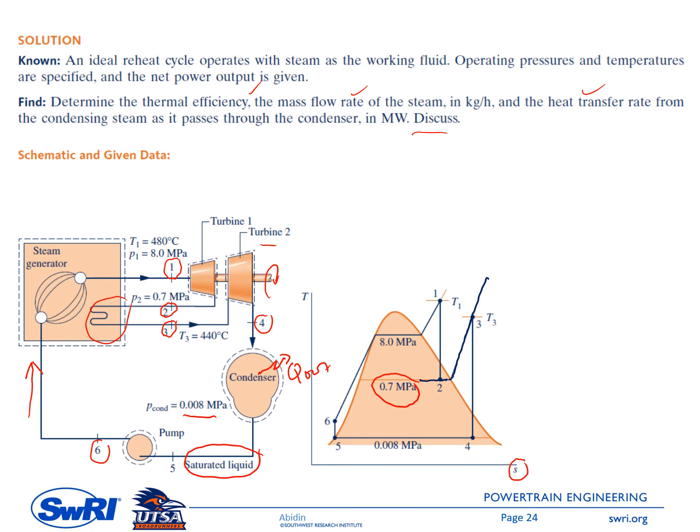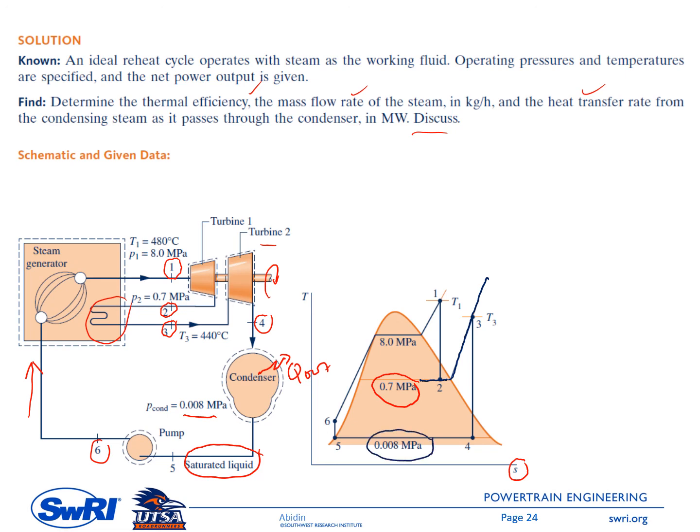Then from point 3 to point 4 the working fluid flows through the second stage turbine. Similarly, in this case we know that state number 4 is inside the dome, but in other cases like the exam or homework you need to check it, the same as when you check point 2. So compare the entropy at state number 4 with SF and SG at this pressure.